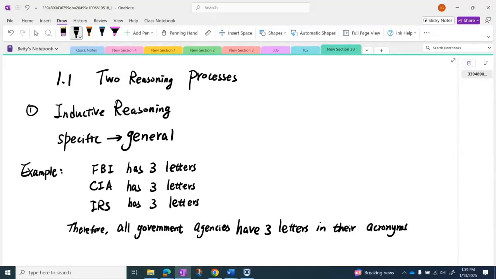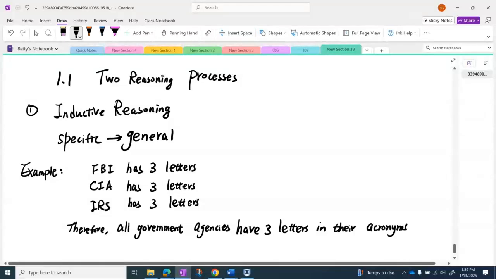My conclusion is a general conclusion: all the government agencies have 3 letters in their acronyms. And that general conclusion is made based on specific cases. I have 3 specific cases here: FBI, CIA, and IRS, right?